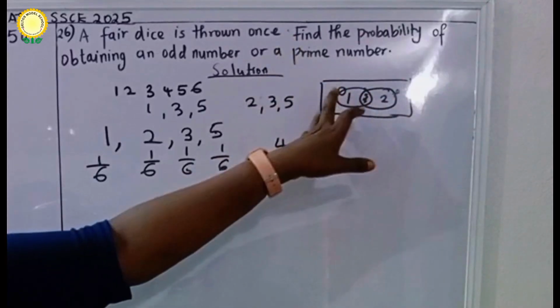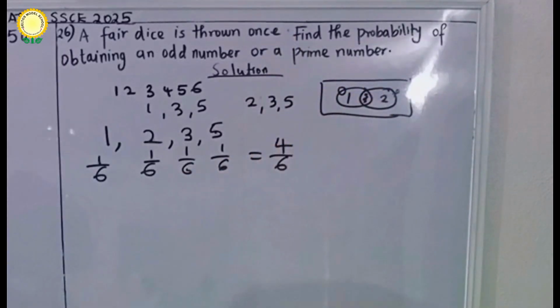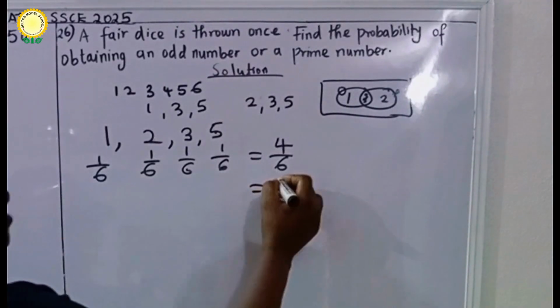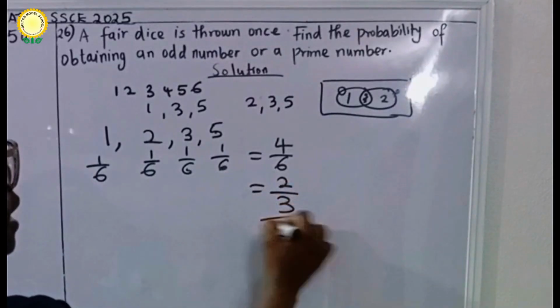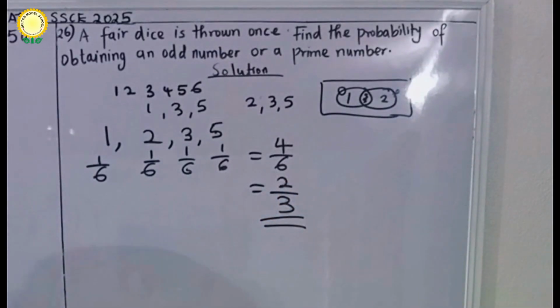The easier way is to just count 1, 2, 3, 5. The 3 and 5 are occurring on both sides. So you have 4 over 6. You can break it down further to get 2 over 3.